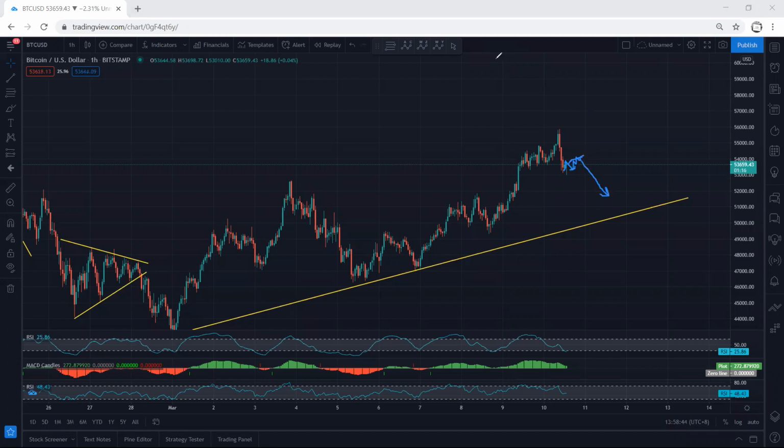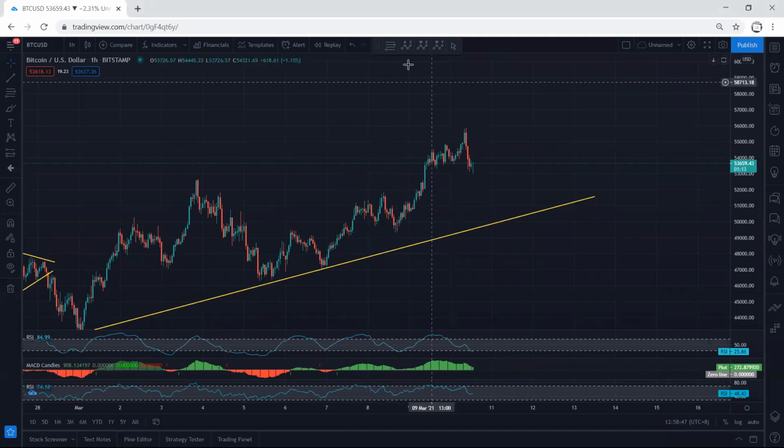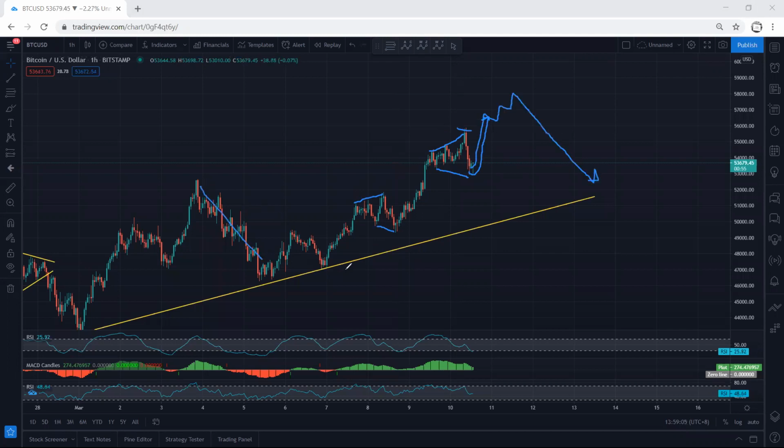But besides that, if this one turns into a correction similar to what we have here, because exactly here we can look for the expanding, we may still get one more move to break the top, move a bit higher, and then from there we get the down move similar to what we have here. That's why we want to see what type of correction we get here before we take the trade.